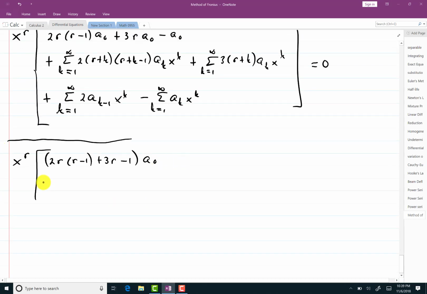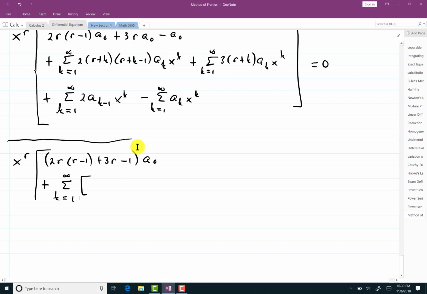Now I can finally combine all of these series into one big one. And I know, it's k equals 1. I'm not doing any sort of simplifying just yet. I'm just going to catalog all these things.